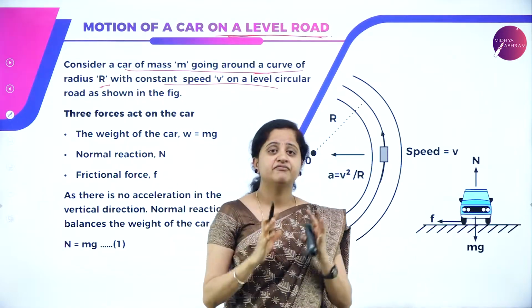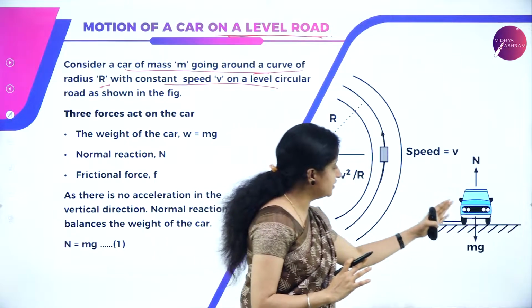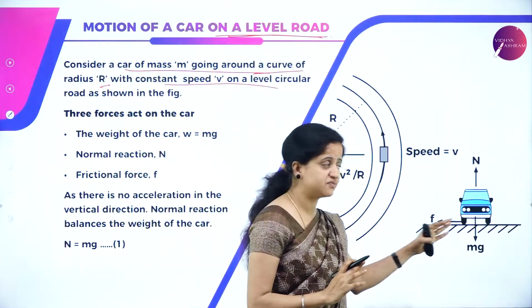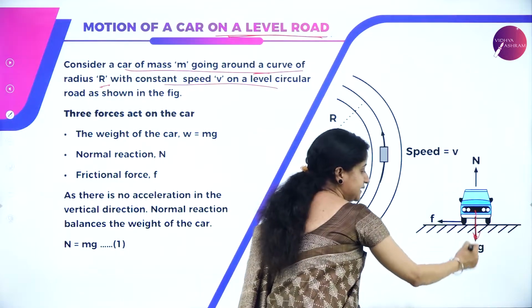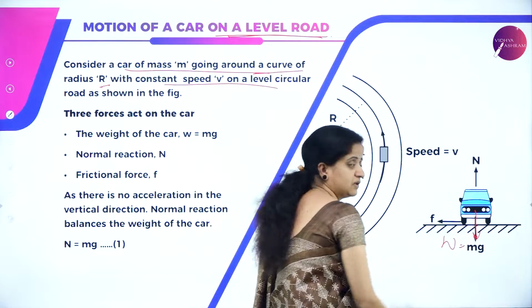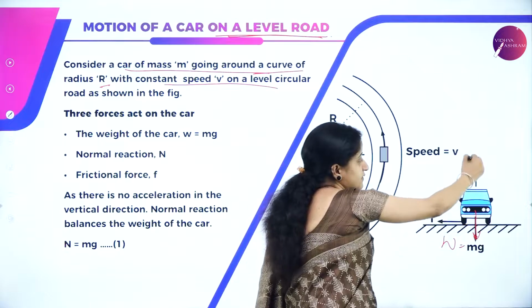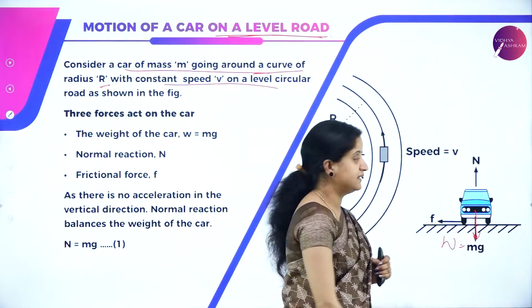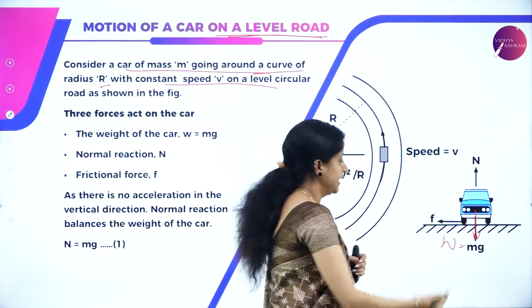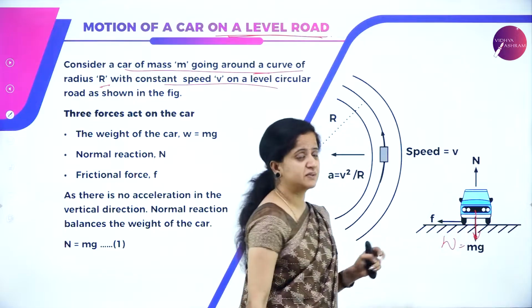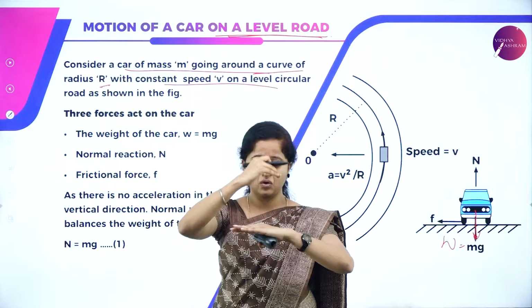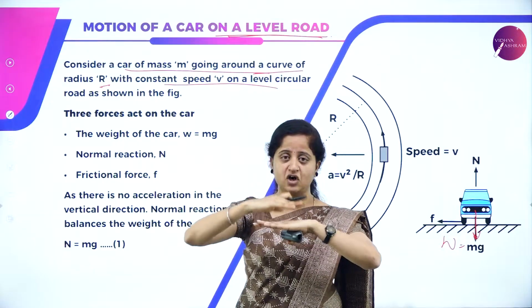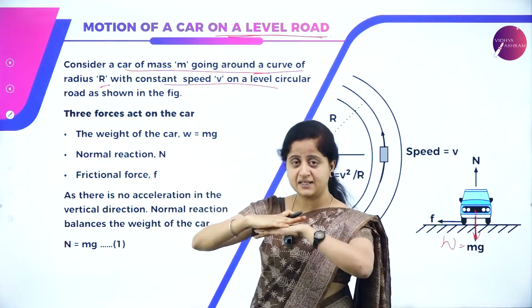Here there are various forces that act on the car. What are these forces? One is the weight of the car, acting downwards, given by W equals mg. We can also observe the net upward force, called the normal reaction, and there exists a frictional force between the tire of the car and the road, where the tire and road surface are in contact.